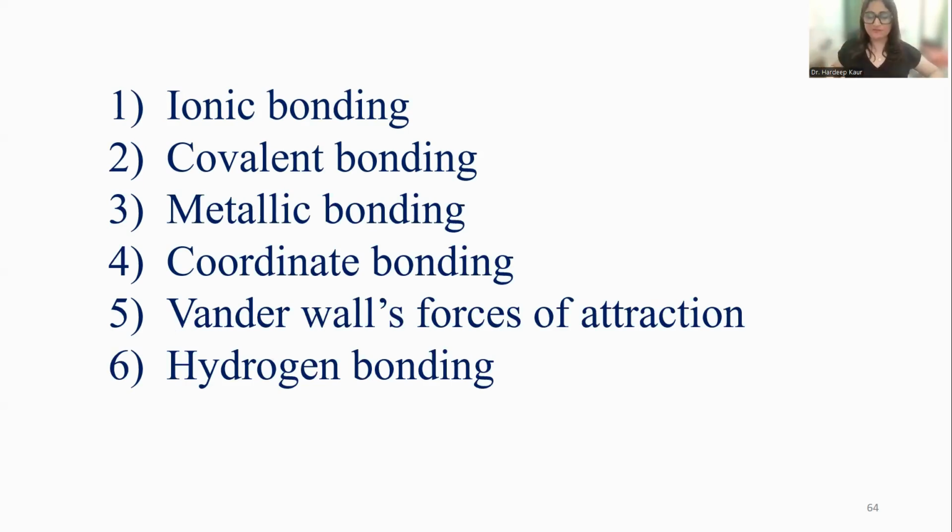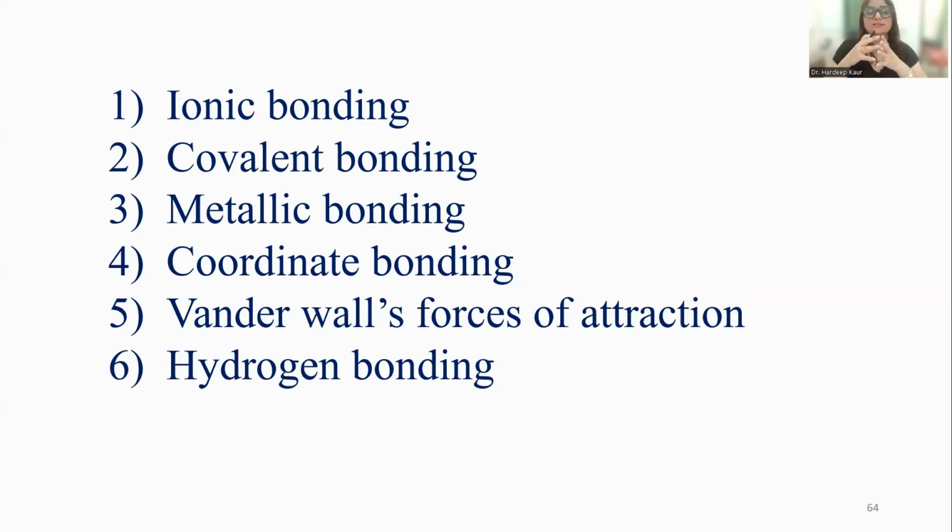If you have seen the periodic table in my previous videos, the metals are on the left side and the non-metals are on the right side, and in between there are some metalloids. Metals are electropositive in nature, and non-metals are electronegative in nature, and they combine. So metal-metal bond, metal-non-metal bond, non-metal non-metal bond.